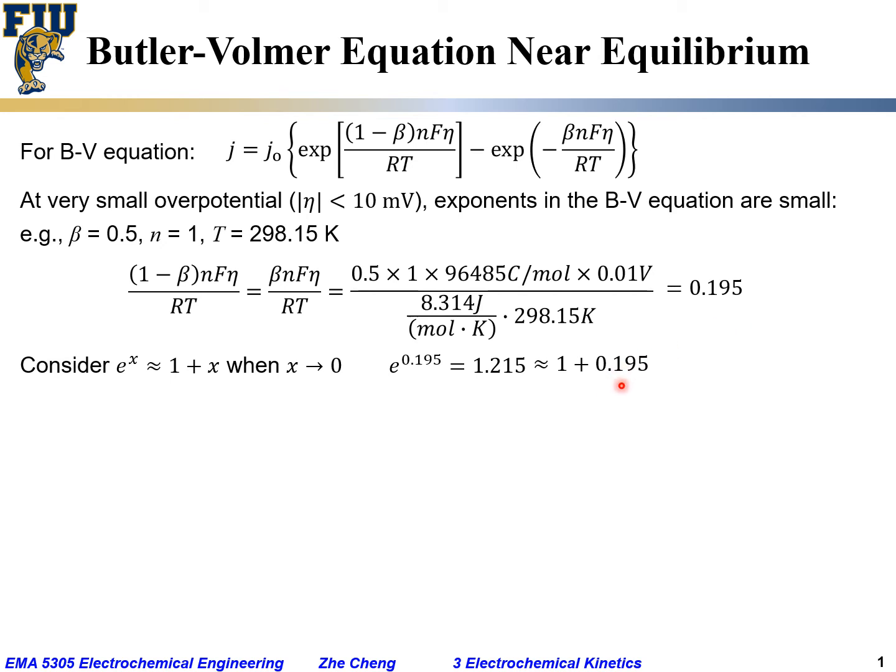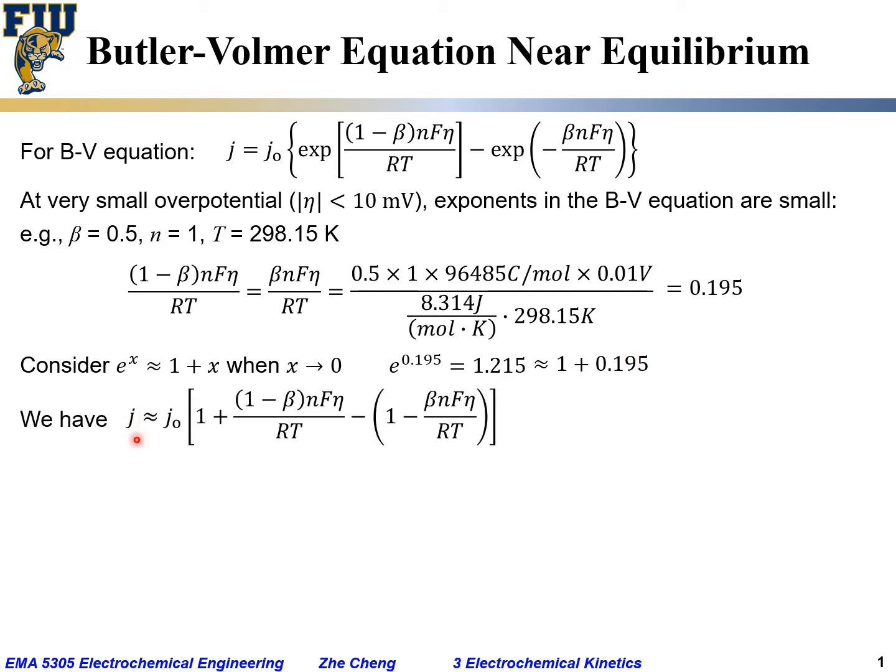The difference is around 2%, which is reasonable. So under this condition, we can have this simplification: e to the power of x can be approximated by 1 plus x when x goes towards 0, and in this case, at 25 degrees C, 10 millivolt of overpotential, 1 electron, symmetry factor 0.5, this approximation can be applied.